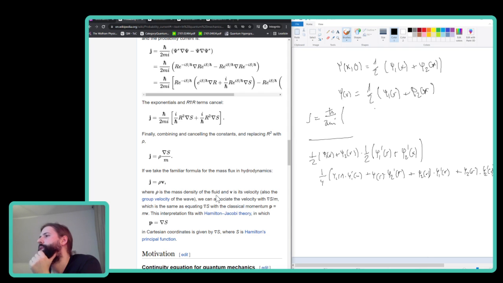So maybe the reason you're doing those derivatives is because you want to calculate at what speed things are changing. That's why you do the derivative. But I don't know why you do the derivative times the wave function, right?